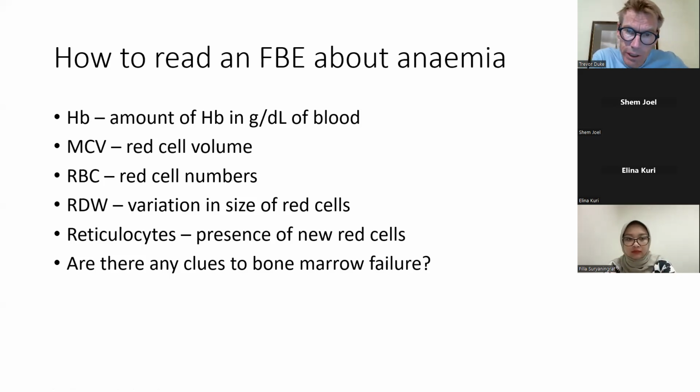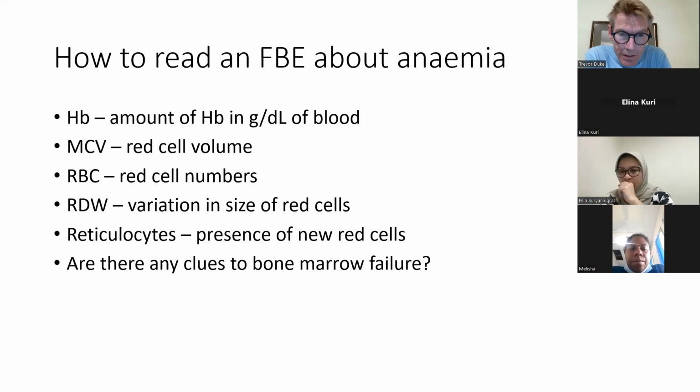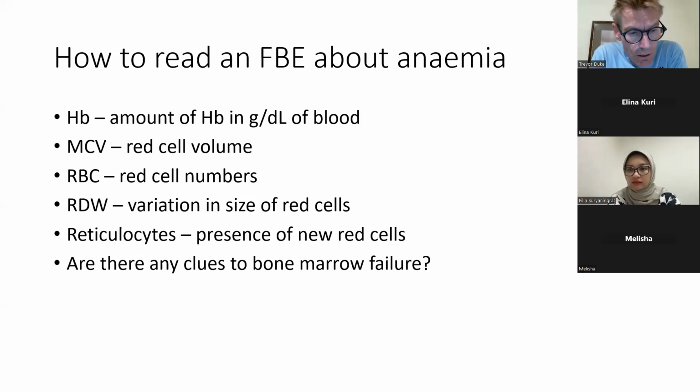But also, if your laboratory can do it, you can ask the lab scientist to count the number of reticulocytes. Remember, the reticulocytes are the immature forms of the red cells. If you see a high reticulocyte count or a high percentage of reticulocytes, that means there's presence of new red blood cells.